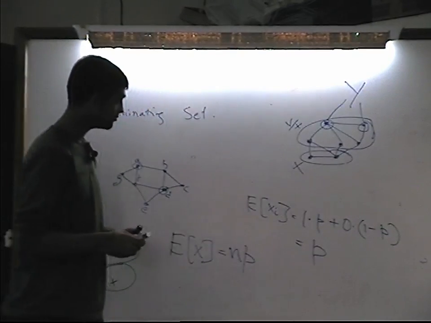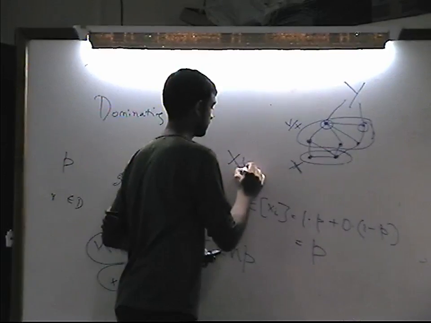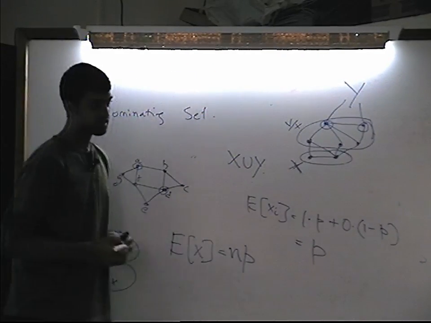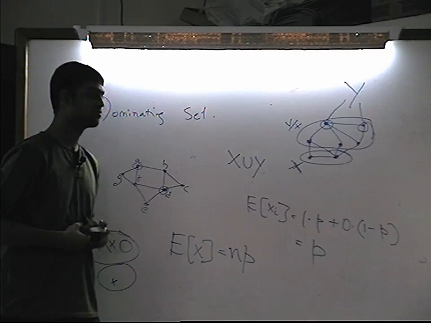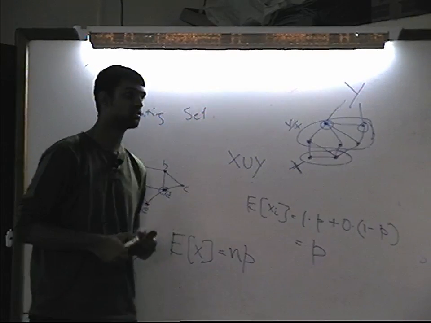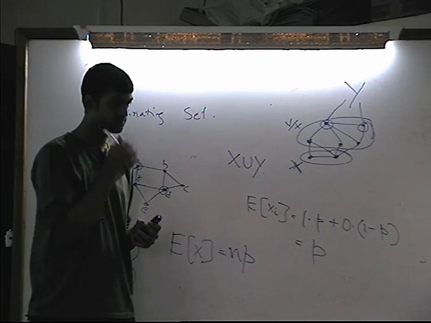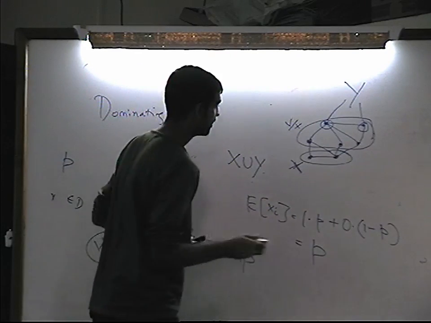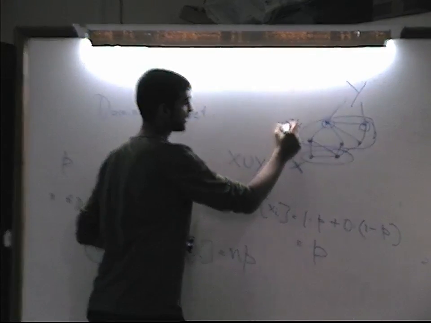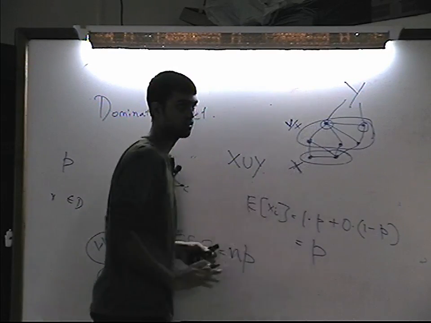So now I will claim that X union Y is a dominating set. Can anyone say why? The set of vertices in V minus X are either neighbors of X or they are not.